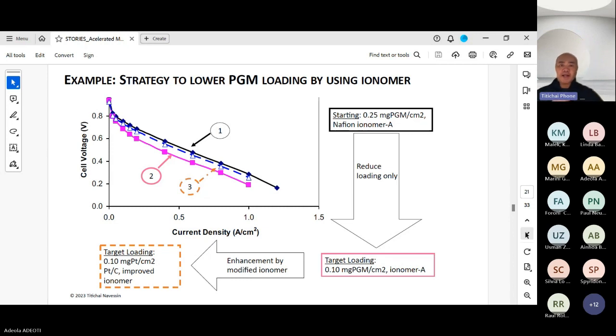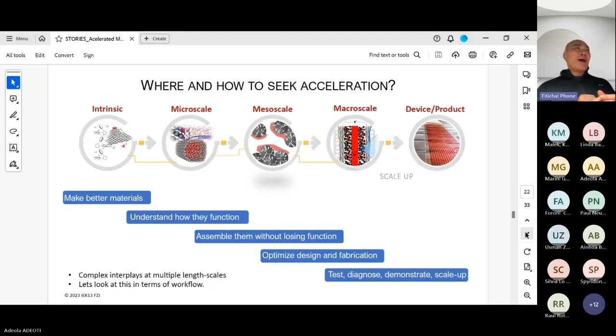So back to the question on the next slide: where and how to seek acceleration, right? I know I'm talking to master's degree students and technical students here, but as good lawyers always tell me, the answer is it depends, right? If you look at the next slide, where and how to seek acceleration depends on where the performance-limiting step in your system is, and how you would go about doing that.